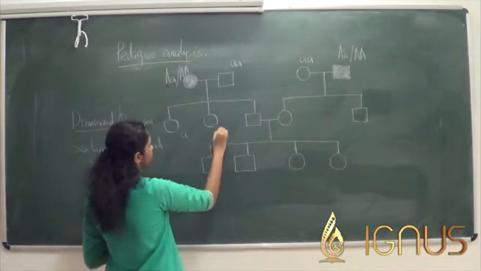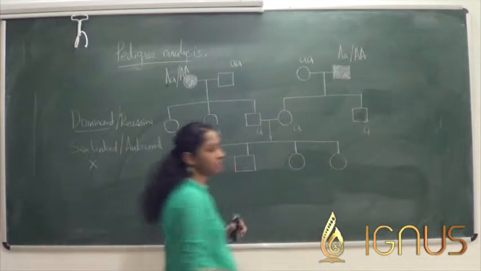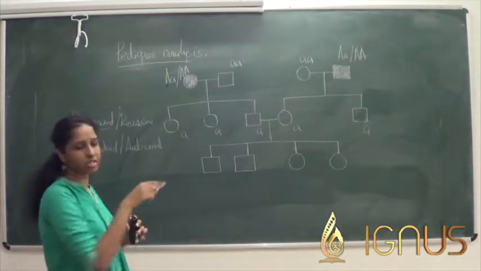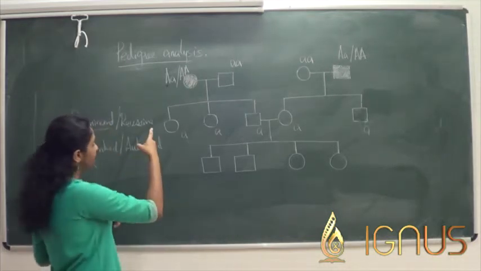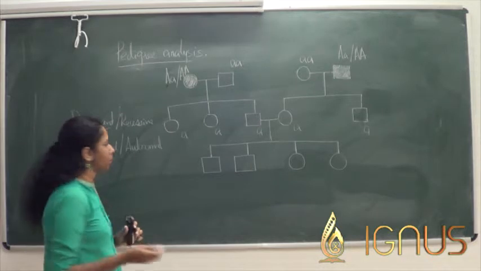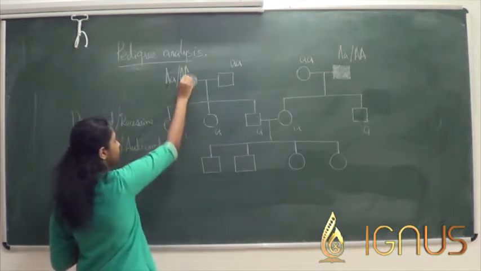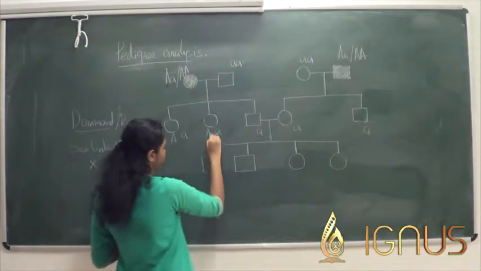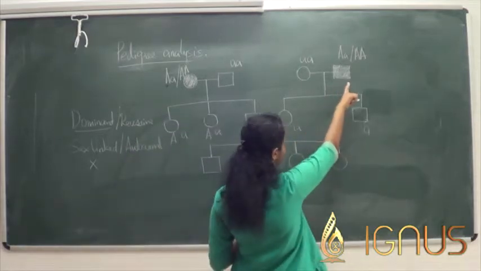So all of them will receive a recessive trait, correct? Because one is coming from the father and he is double recessive, so he can only give a recessive trait. Now the mother on the other hand is a dominant one. If she is double dominant like here, then all of them will have the dominant trait. The same goes for the father here.